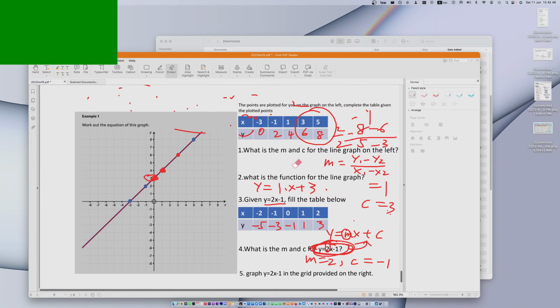How do you identify? This is the point. Does it touch the third region? Yes. How do you know? There's a little bit here, right?